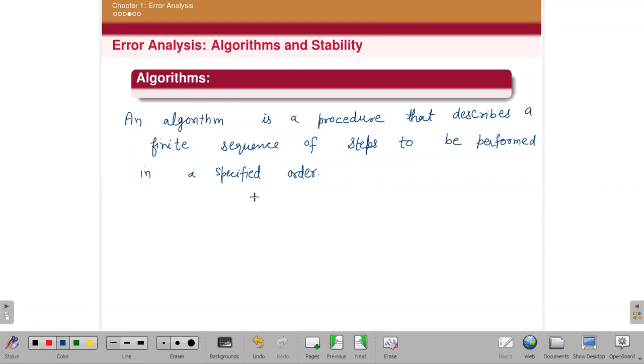So that's the meaning of algorithm. So now we will follow one criteria actually.